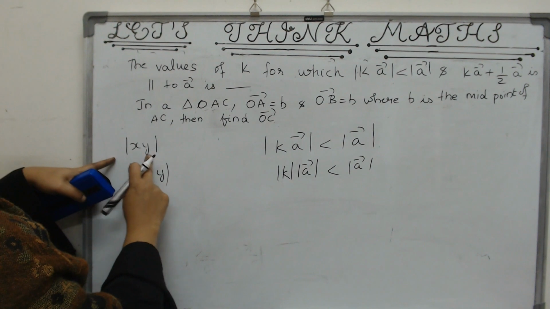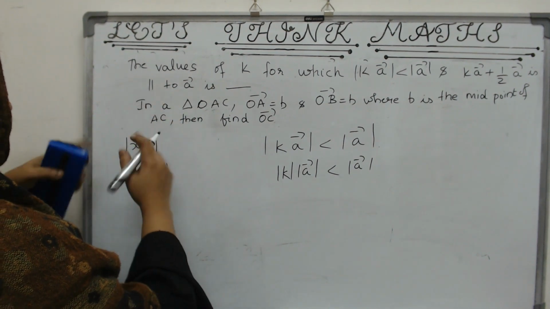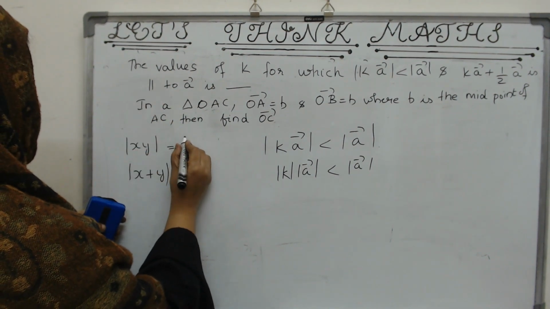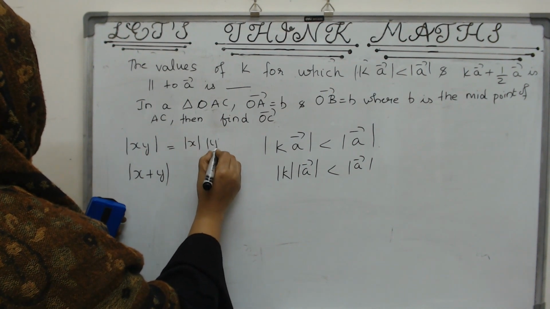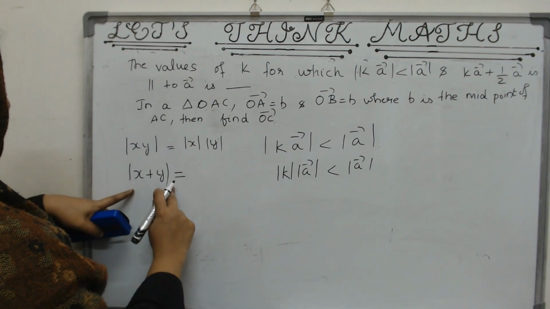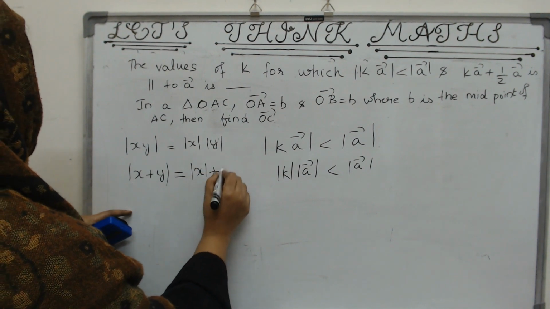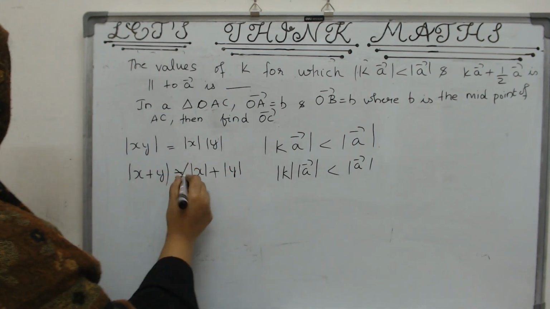If you have the product or even the quotient, you can split the modulus like this. But you cannot split the sum like this and write it as modulus of x plus modulus of y. This is not possible. Why is that?